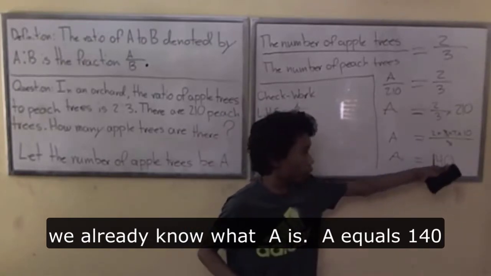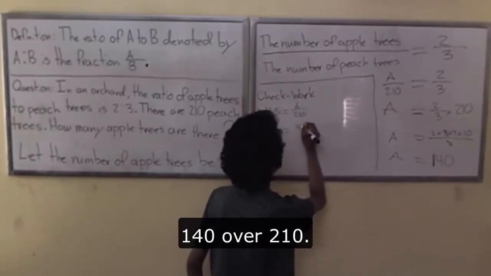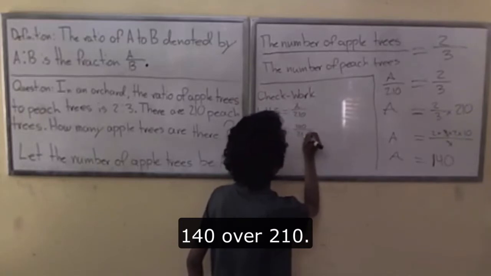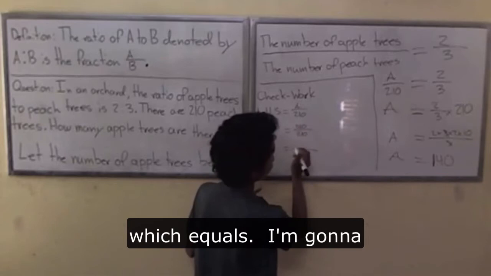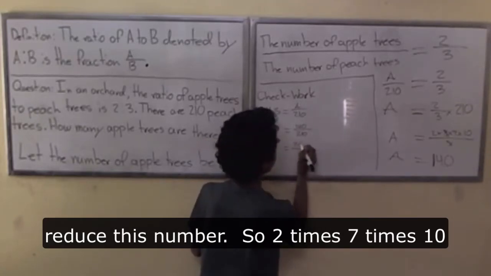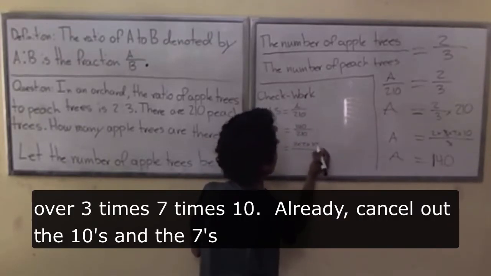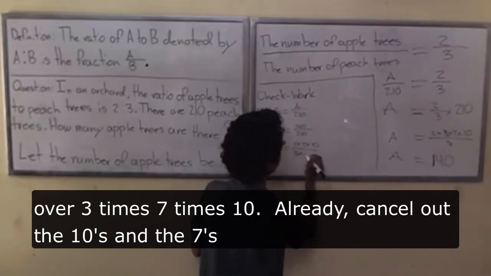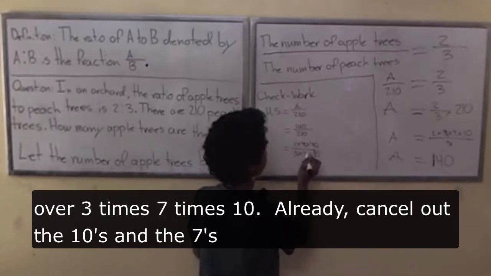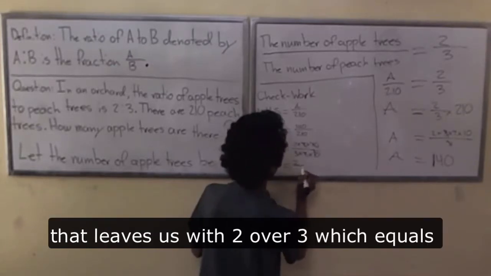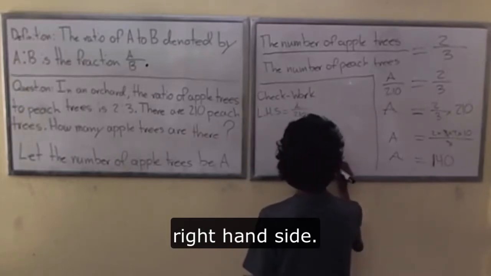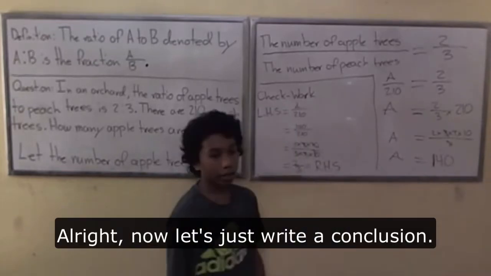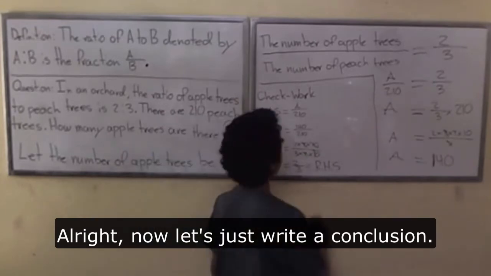A equals 140, so 140 over 210, which equals, I'm going to reduce this number, 2 times 7 times 10 over 3 times 7 times 10. Alright, cancel out the 10's and the 7's. That leaves us with 2 over 3, which equals the right-hand side.